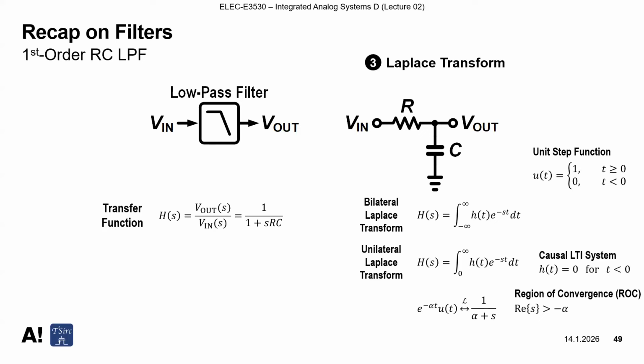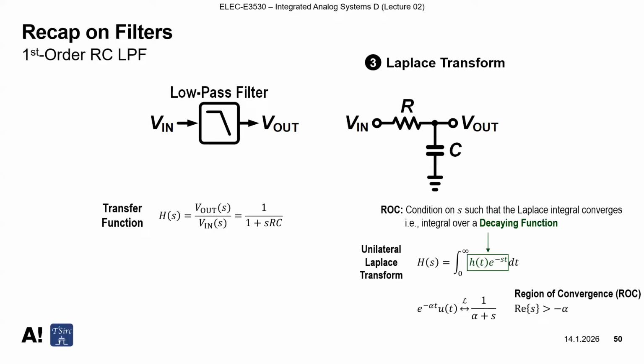I will talk about the region of convergence in a later slide. The region of convergence requires that the real value of s must be larger than minus alpha. So the inverse Laplace transform of 1 over alpha plus s becomes an exponential function times u(t). Here u(t) is a step function, a very simple step function, from 0 to 1.